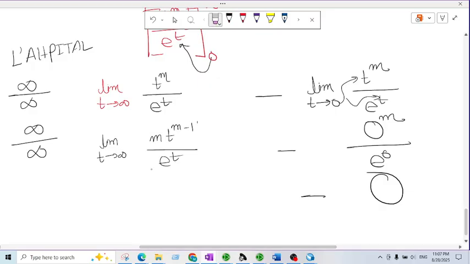So that means you have to again differentiate this thing, and if you again differentiate this thing you will get m minus 1 t to the power m minus 2, and this differentiation is always same. Again you see that infinity by infinity, so you have to again differentiate this thing, and again infinity by infinity, so you have to do this up to 3 2 1.